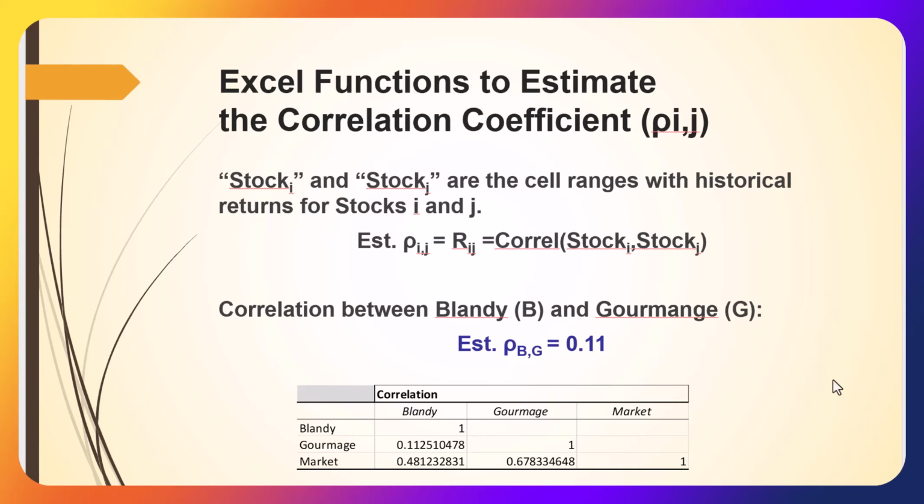If we also, while we have it here, look at the correlation between the stocks and the stock market, we find here that the relationship between Blandy and the market is 0.48, and between Gourmage and the stock market is 0.67. So the relationship between Gourmage and the market is much higher. They're much more closely related to each other than Blandy and the market.